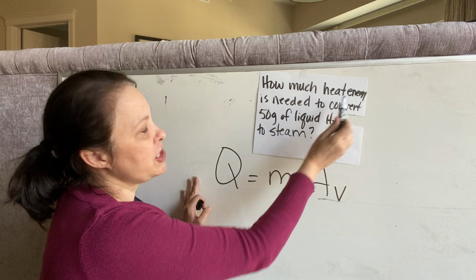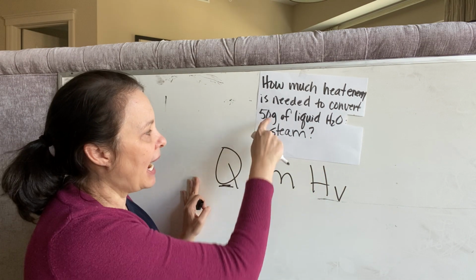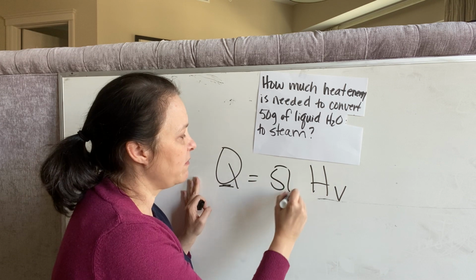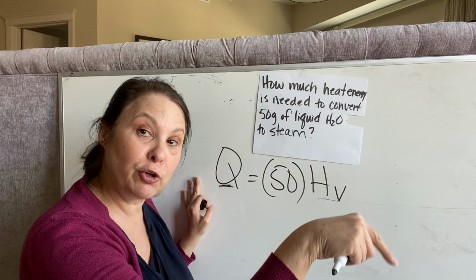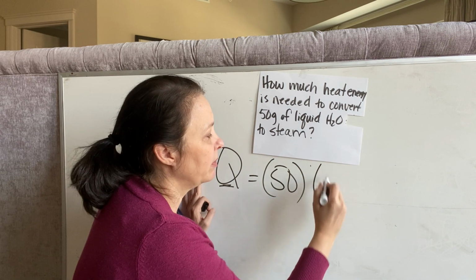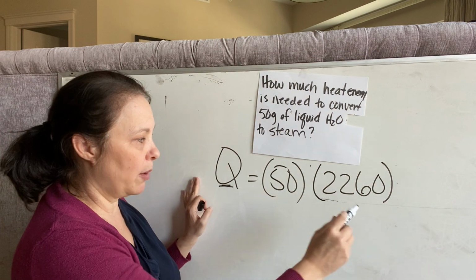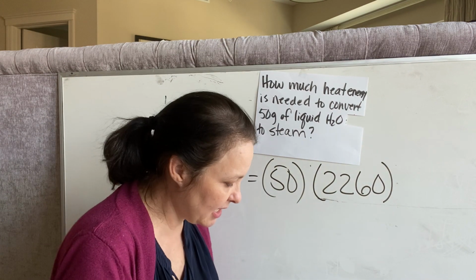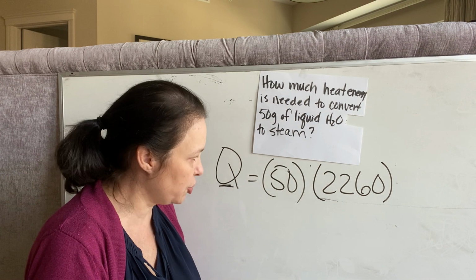It says how much heat energy, so I'm solving for Q. I need the mass of the water, which is 50. And HV, again, is a constant from your front cover of your reference table. You just simply plug in the 2260. We're going to multiply those. Obviously, that's going to be a pretty big number that I would want to report in kilojoules.